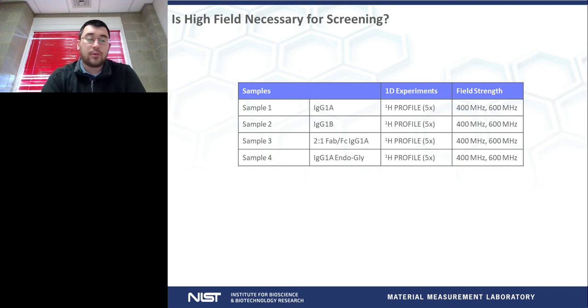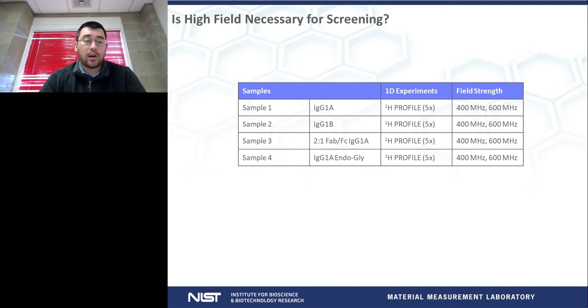One of the issues that we run into as NMR spectroscopists is most people think that you need a very big, super expensive high field magnet, like a 900 megahertz instrument, which is going to run in the range of millions of dollars in order to acquire these kinds of spectral data. So we wanted to see if we could actually acquire good data, and if it was capable of giving us the information that we wanted at low field.